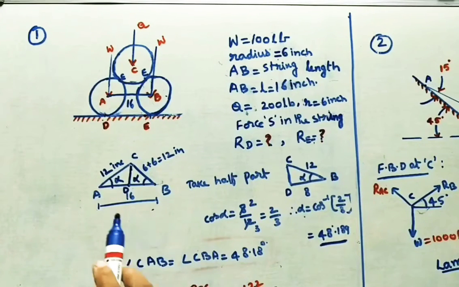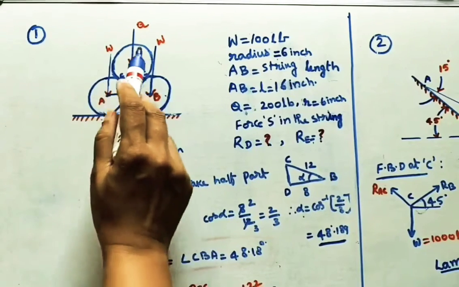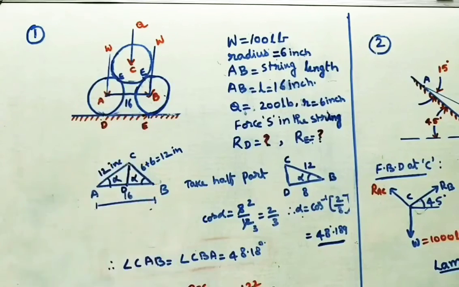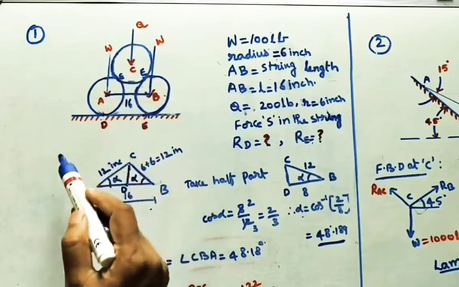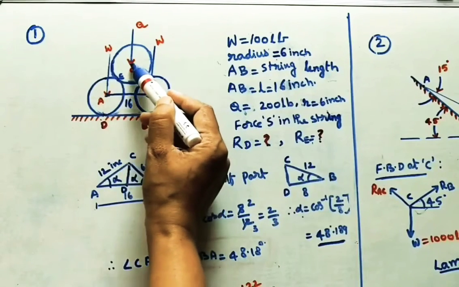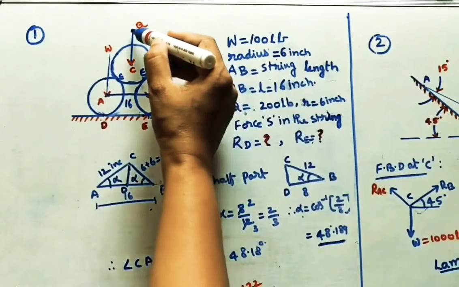Why are we finding the angle? Because we can apply a free body diagram for this roller, this roller and this roller. Before solving all these reactions, first take the top roller, the first roller, the one with center C. Now draw the FBD for this diagram. What are the forces here?